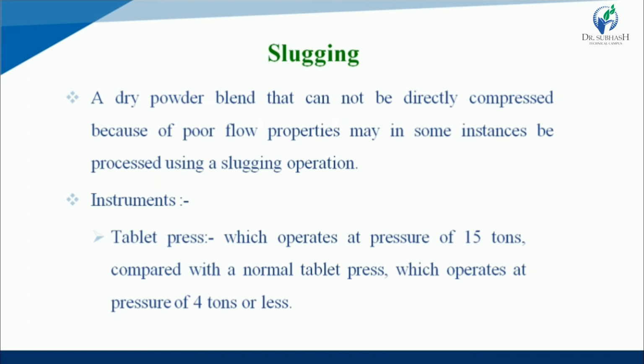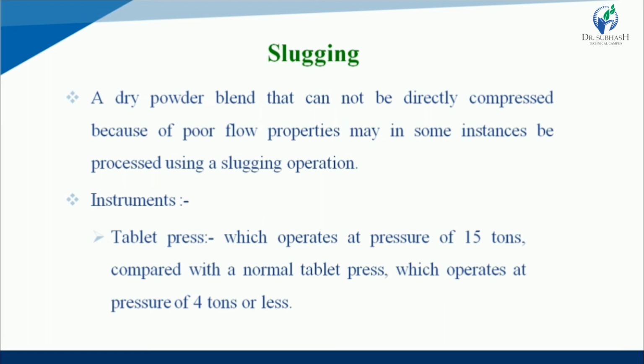So a dry powder mixture can't be directly compressed because it has poor flow property, so slugging is required. What is slugging? Slugging means proper aggregates are formed or proper granulation is formed. So by using granulation, powder flow property is improved.